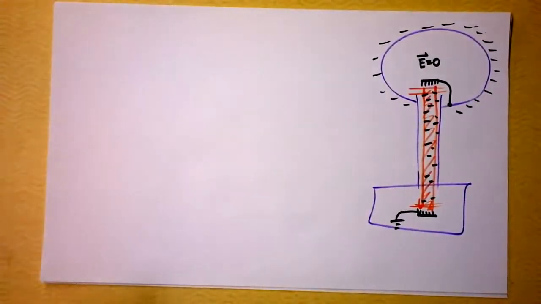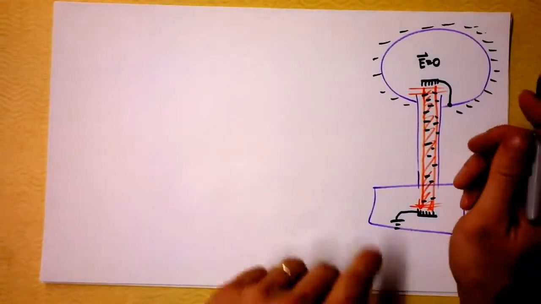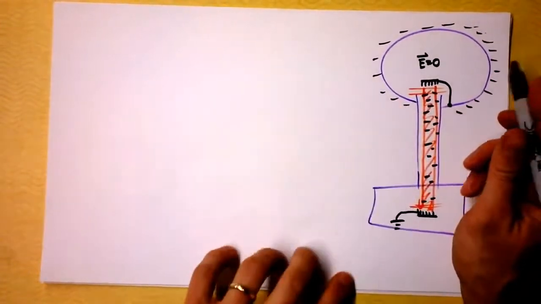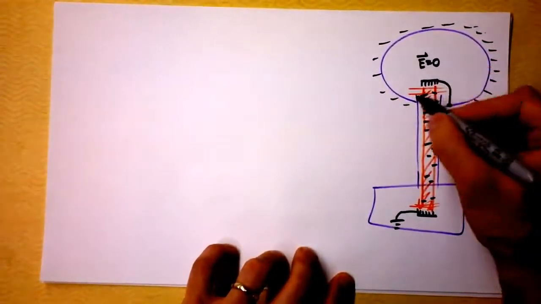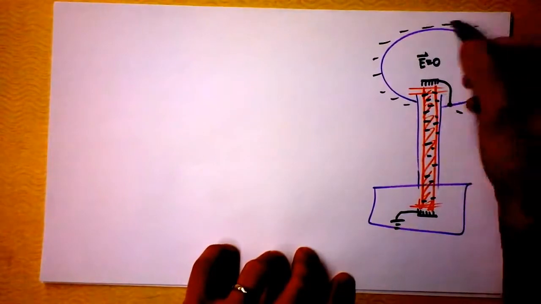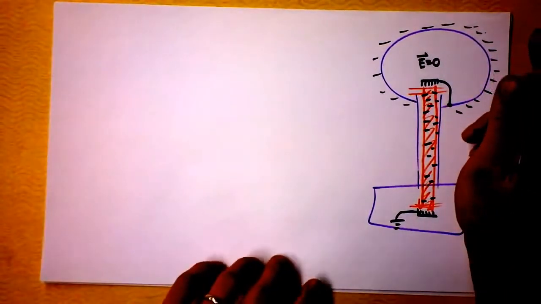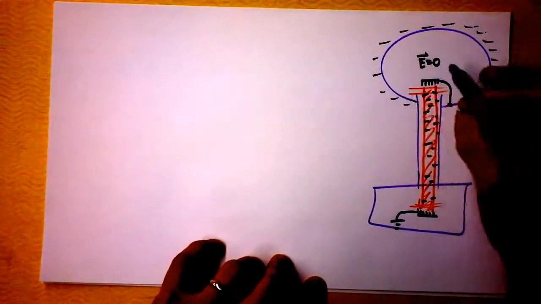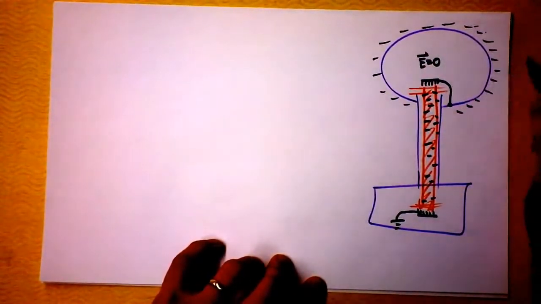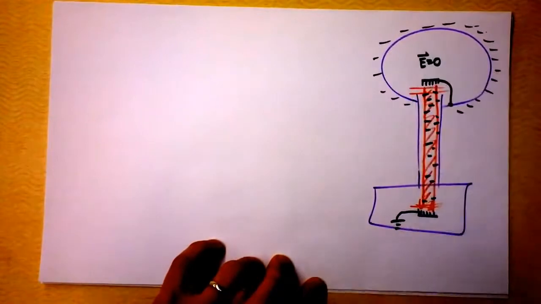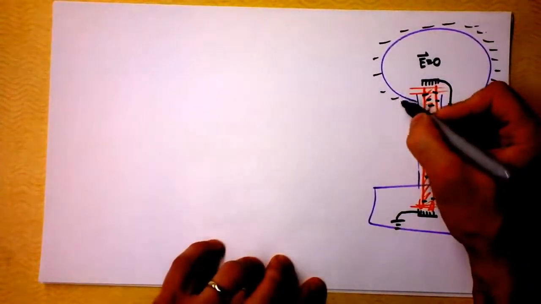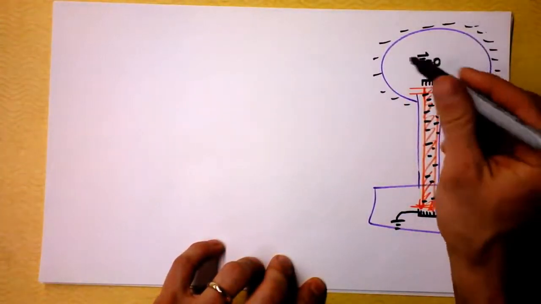So it is a way to generate enormously high electrical potentials. My point is, as you put more and more charges on the outside of the sphere, the potential of the sphere raises higher and higher and higher, because the energy per charge is becoming higher and higher and higher, because these charges are getting closer and closer to each other.